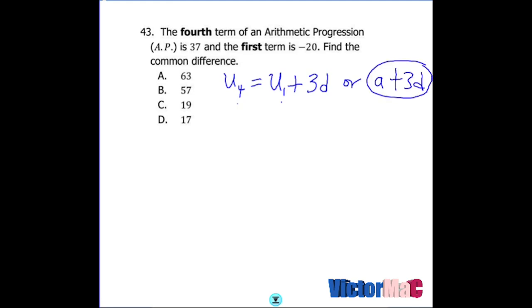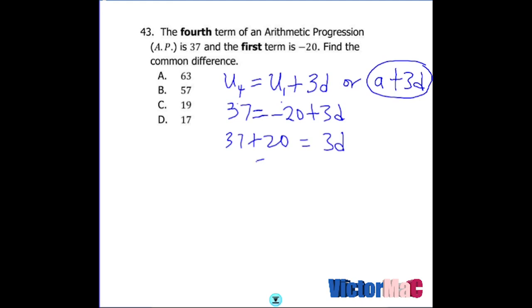So the fourth term has been given here as 37, and the first term is minus 20 plus 3D. The fourth term of an arithmetic progression is 37, and the first term is minus 20. Find the common difference. So we need to get D. Transferring minus 20 from the right to the left, it becomes positive.